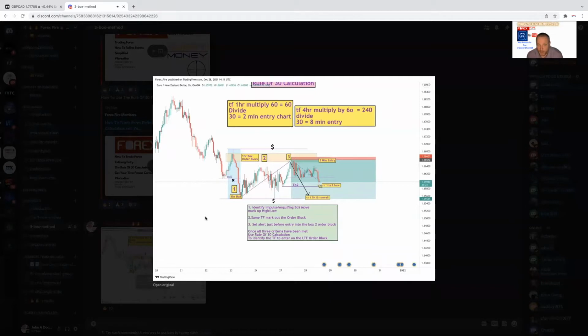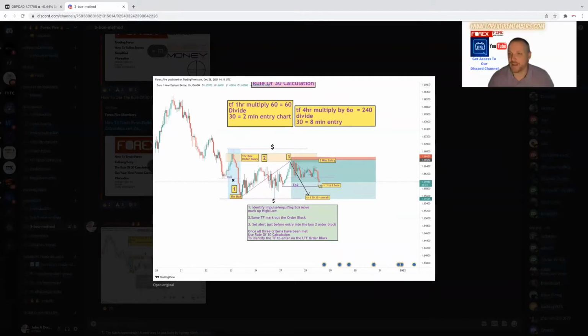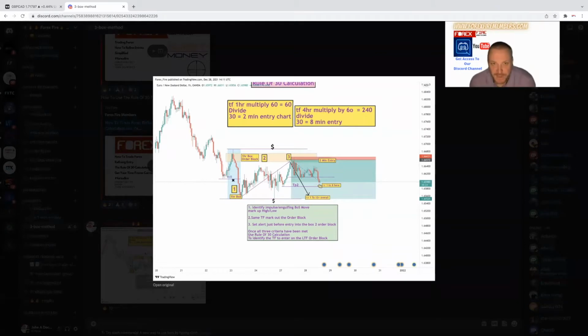I generally use this on the 1 hour and the 4 hour charts. So the 1 hour times by 60 minutes in a candle, 60 candles in an hour, and then divided by 30. Obviously it's half, so that's going to be a 2-minute entry.